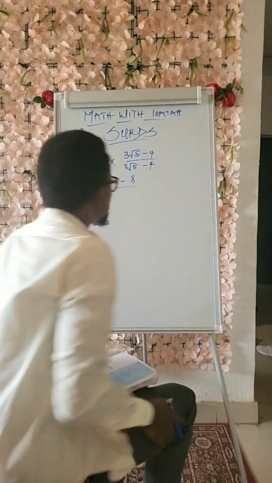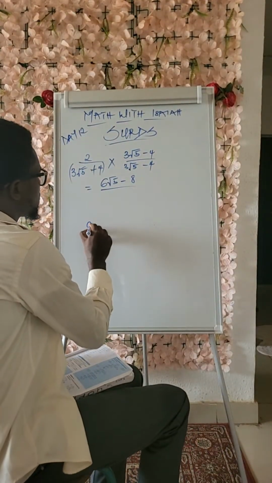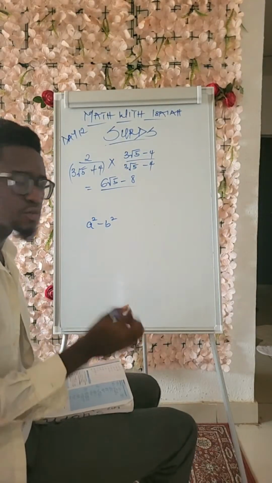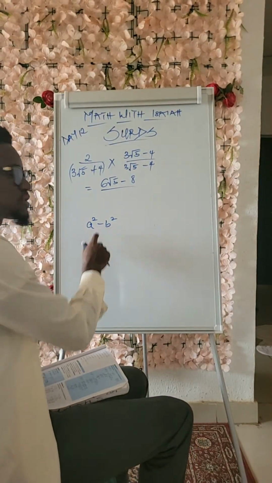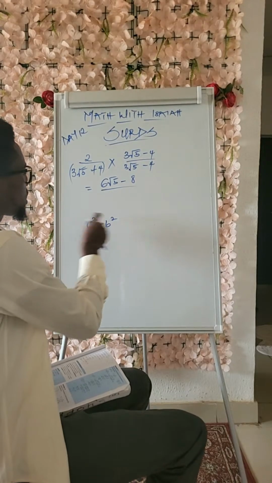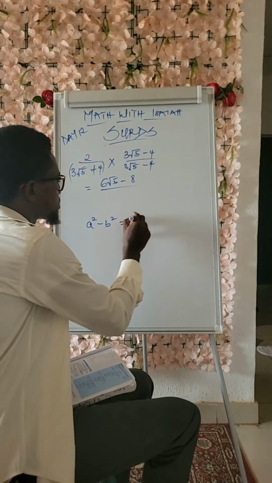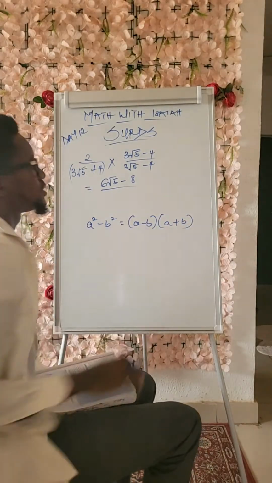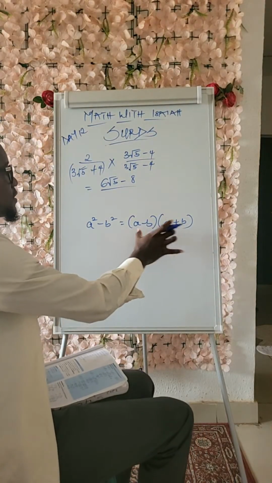Let me just explain it. When you have something like a squared minus b squared, this is a difference of 2 squares. Difference means the negative sign, and 2 squares means they both have squares. So the answer is a minus b, a plus b. This is a very standard way to express this.